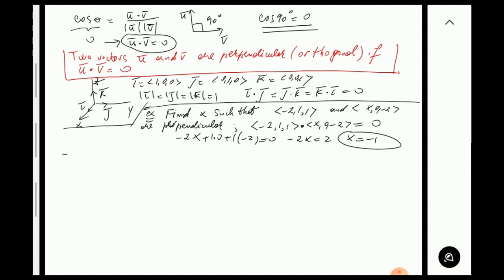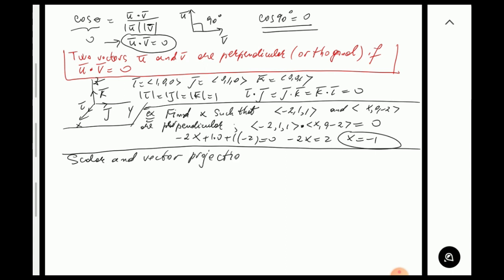So finally, the last topic for today, which is another direct application of the dot product, is the so-called scalar and vector projections. A very important application, and I'm going to add a little video with some quick examples from aviation where this concept plays a role.